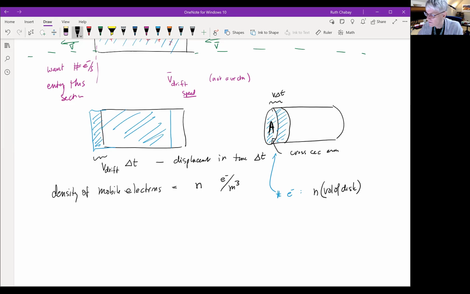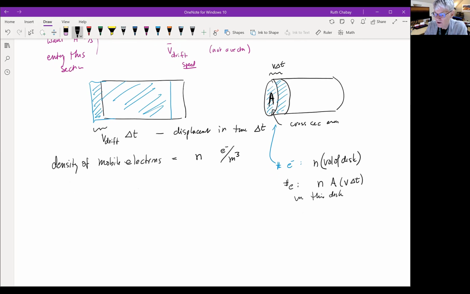And so the number of electrons is going to be n times what's the volume of the disk? Well, it's the cross-sectional area times the length of the cylinder, which is v delta t. So that's the number of electrons in this disk.